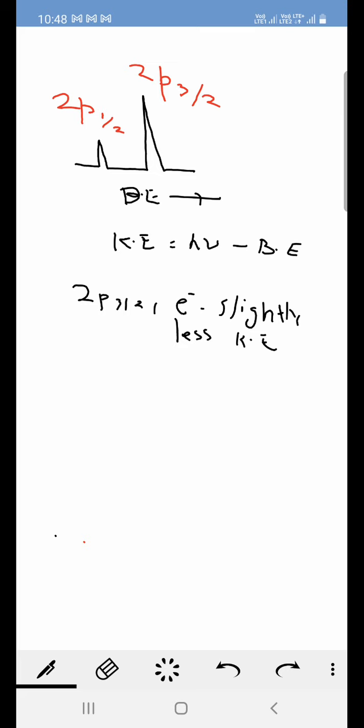Now, the probability of ejecting an electron from a particular energy level will obviously depend on the number of electrons originally present in that level.